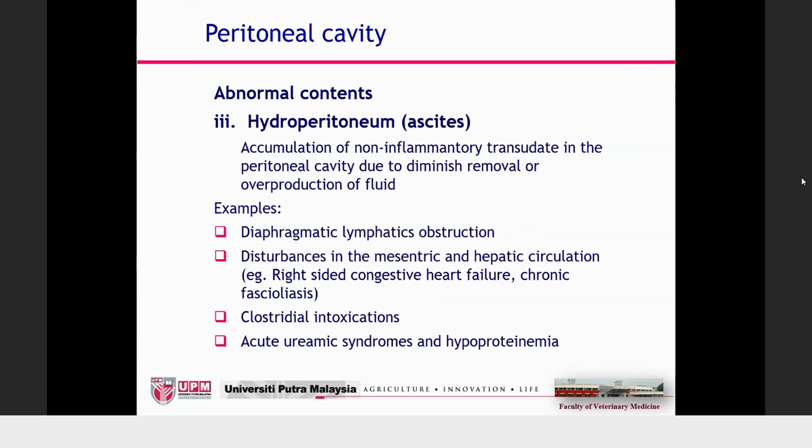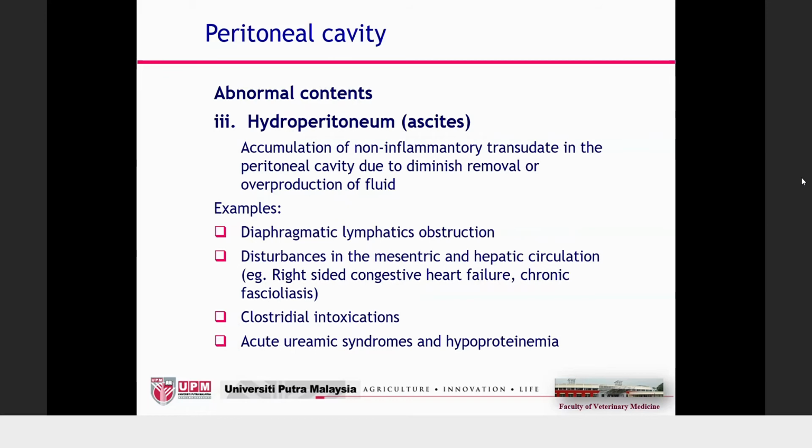Another very common condition is hydroperitoneum. I think this is quite common, particularly when animals have low protein in the blood, so hypoproteinemia: the accumulation of non-inflammatory fluid in the peritoneal cavity due to decreased removal or overproduction of fluid.